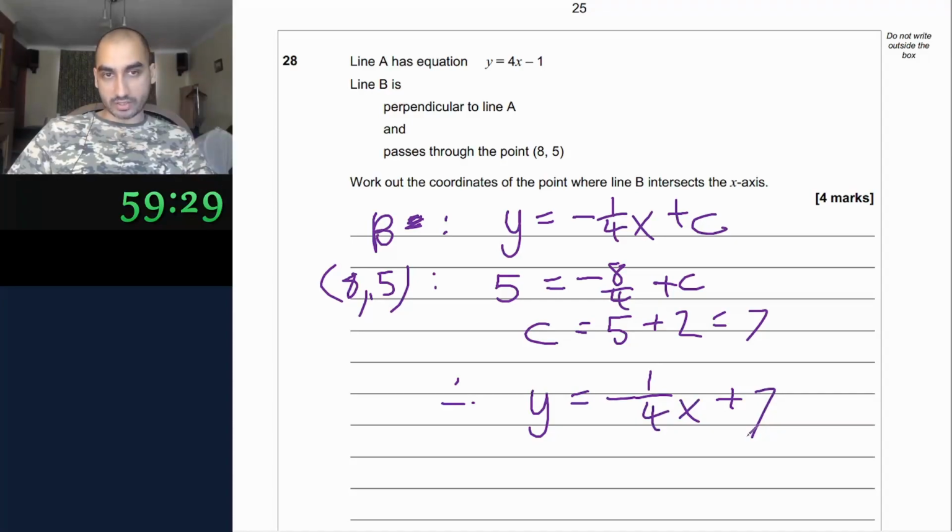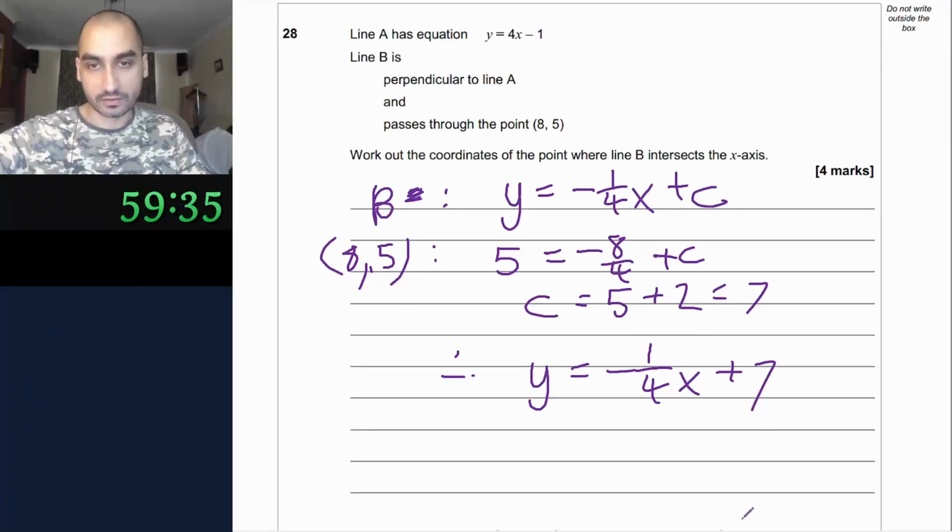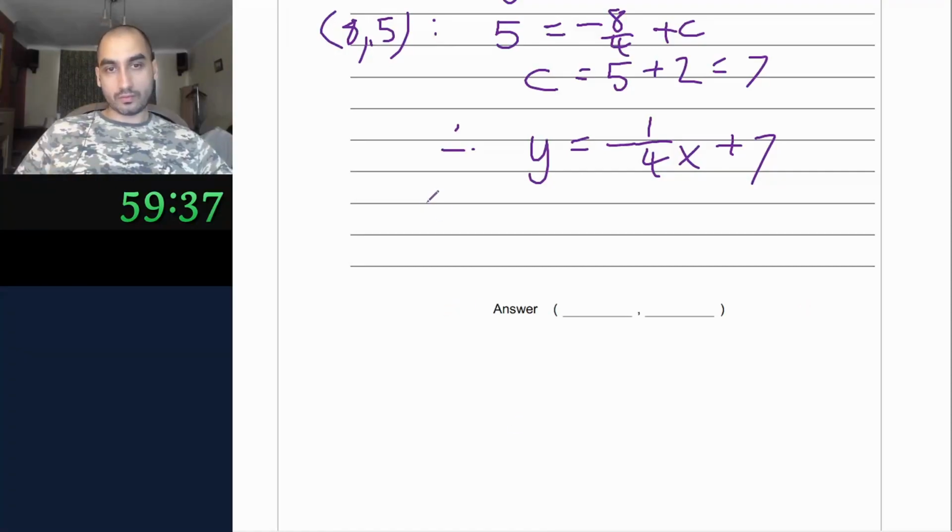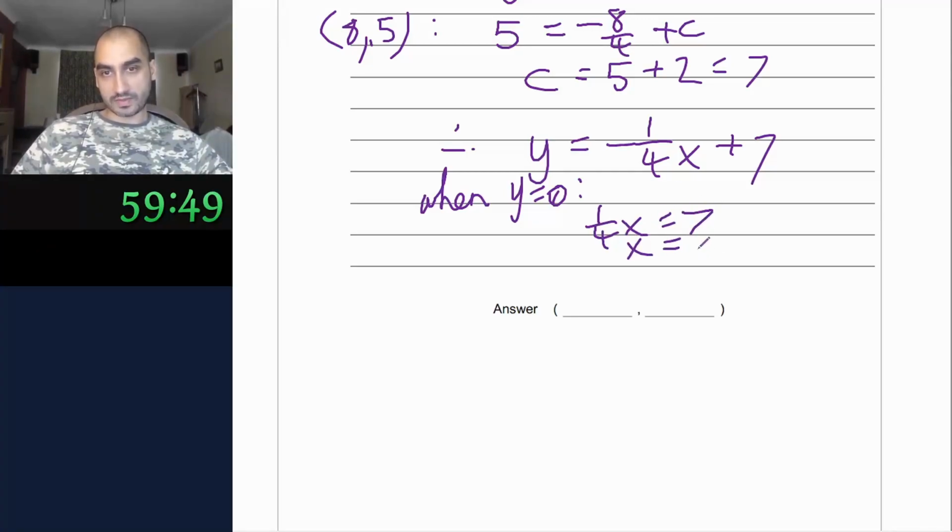Oh, but we don't want the equation. Okay, work out the coordinates of the point where line B intersects the x-axis. So now we want to solve this for when y equals 0. A quarter x equals 7, so x equals 28.